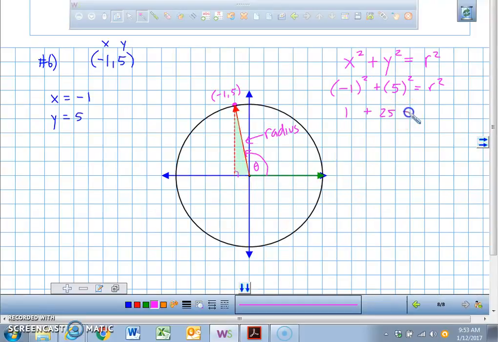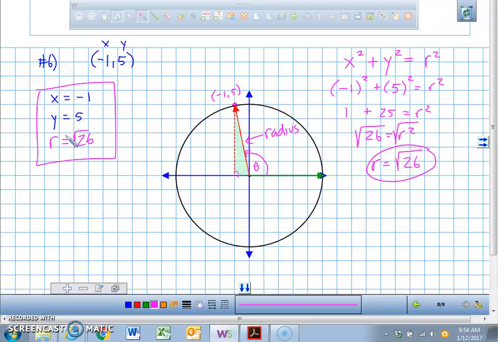So what is our radius squared equal to? Our radius squared is 26. Well, what does that make our radius? What do we have to do to solve for r? We have to take the square root of both sides. So our radius is actually radical 26, and you're going to leave it as radical 26. So put r is equal to radical 26.